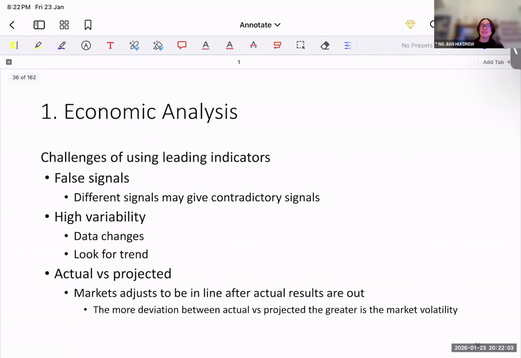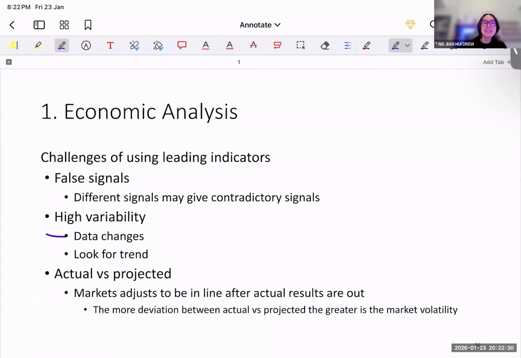Of course, as with any indicators, there could be false signals, there could be variability in the data as well. So, for example, during a black swan event, all of you have gone through COVID, so COVID is a black swan event. When such a black swan event happens, typically your data changes, right? You are no longer looking at the same economy.